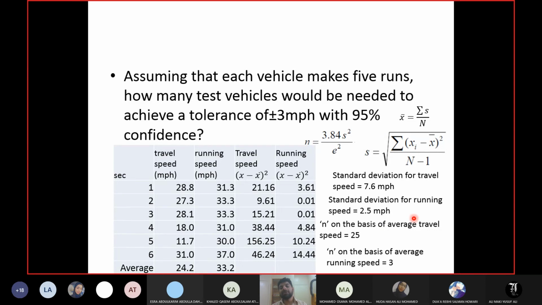So running time and running speed are after subtracting the delay. If delay is not present, the natural variation of the data becomes less. Okay, so the variation is caused because of delay. If I subtract the delay, the standard deviation will automatically become lower. So running time and running speeds will always have lower standard deviations than travel time and travel speeds.